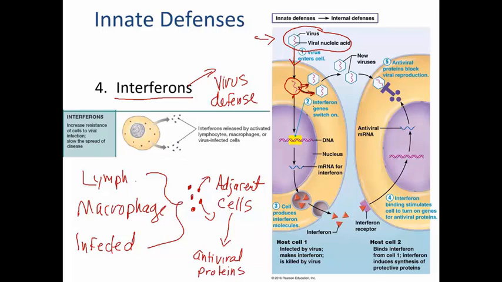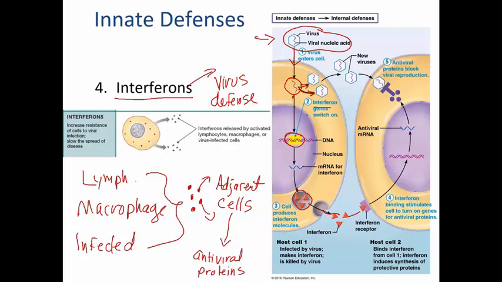But the virus particle, the nucleic acid, also is going to cause genes within the cell from the normal genome that create interferon. And the interferon is going to be packaged into vesicles and secreted and act as a paracrine factor, which means it acts only on local cells.